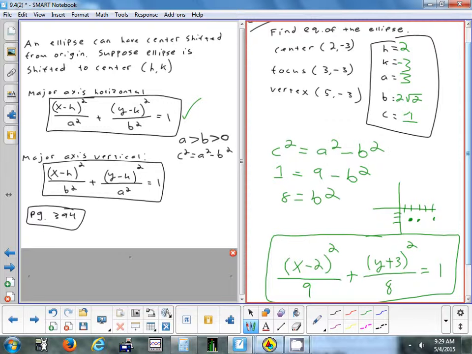Then I would sketch the foci, the vertices, and that would tell me how long the ellipse is. And then from the center, B would tell me up and down. From the center, you're going to go, let's see, square root of 8 is about 2.8. So you're going to go 2.8 units above, 2.8 units below. And then that'll give you the 4 points to make your ellipse.